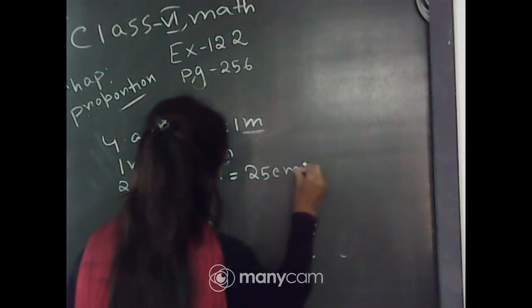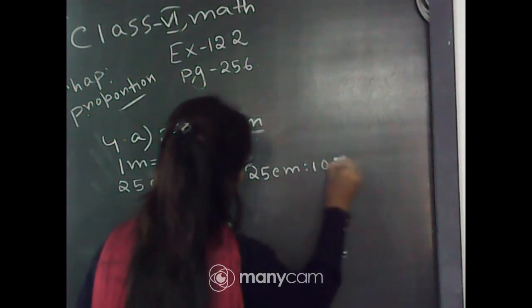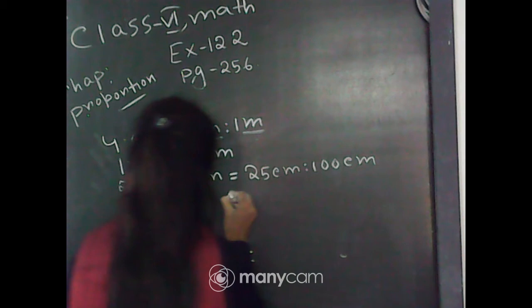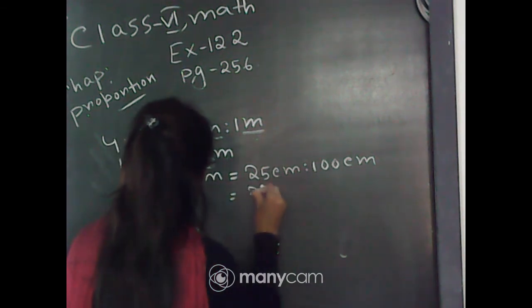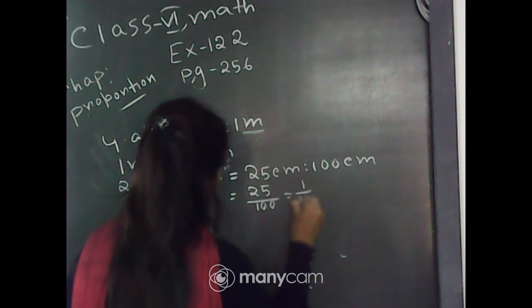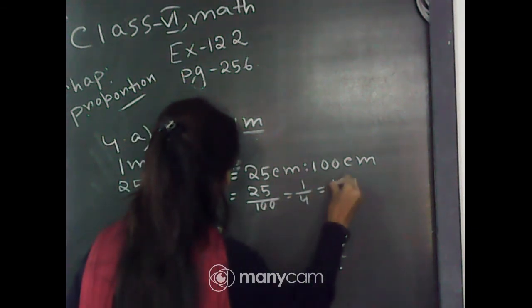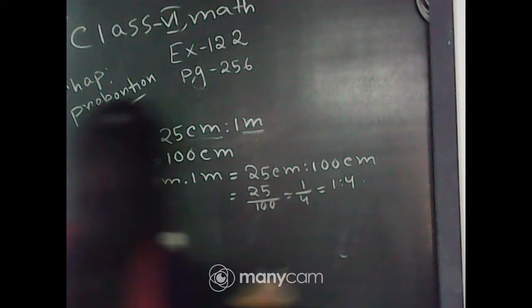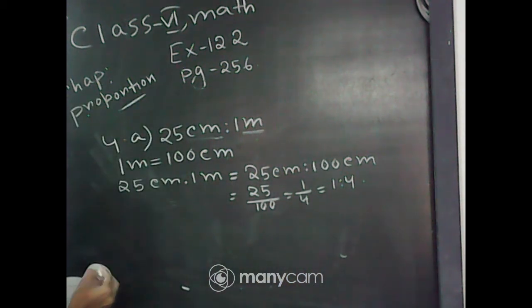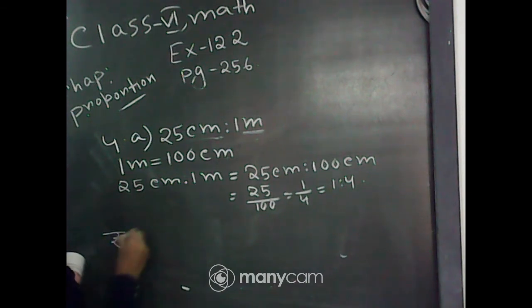25 cm is to 100 cm. This is equal to 25 divided by 100, that is 1 divided by 4. This is equal to 1:4. Next, rupees 40 is to rupees 160.